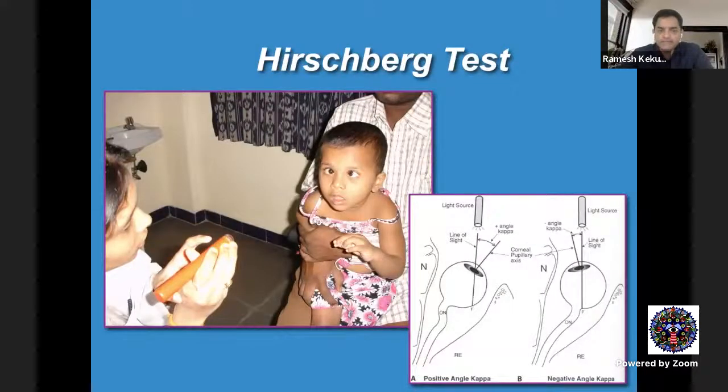You can see it's an oblique picture taken. It's not an end-to-end picture; that's why I don't think we are sitting obliquely. Whenever you are checking this, you need to sit directly in front of the patient, at the level of the child or the patient. You use a point source of light and see where the reflex is falling on the right side and also on the left side.